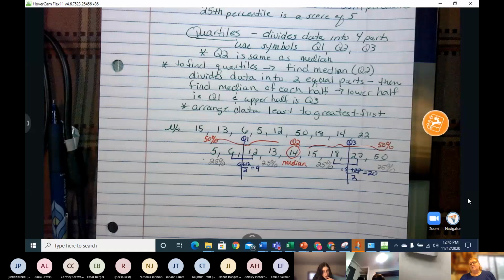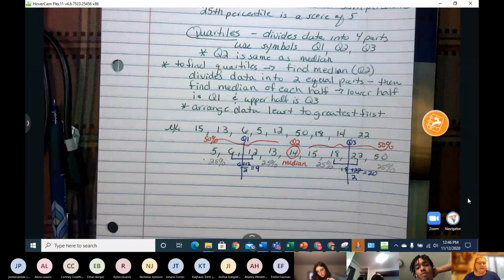How much data is below 9? 25%, because 9 is the quartile 1 marker. So those are the types of questions that might be asked in reference to quartile information. And that's the things you need to know about quartiles.